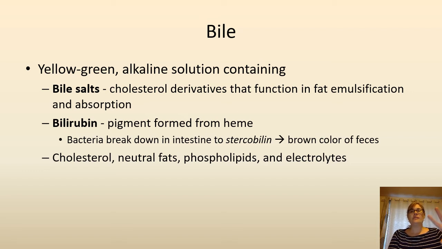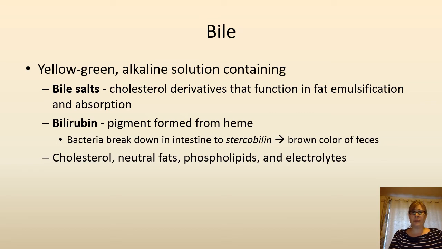Emulsifying fat means breaking it down kind of into smaller parts, into smaller fat droplets. And what that means is that once the droplets are small, we can now absorb them a little bit easier. So that's what that bile does.